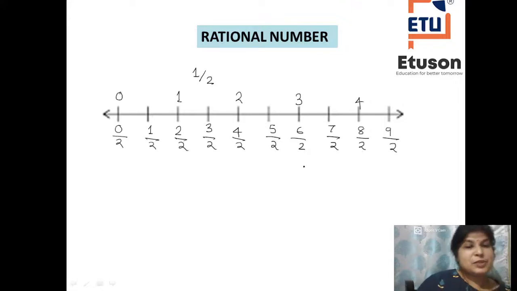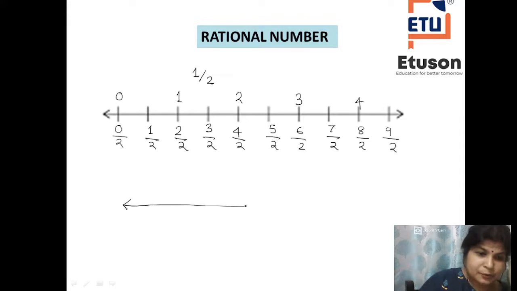Suppose you need to go for a negative rational number. In that case, you will have 0 here, and suppose you want the negative side, you just write 1, 2 over here, and minus 1 and minus 2 over here.